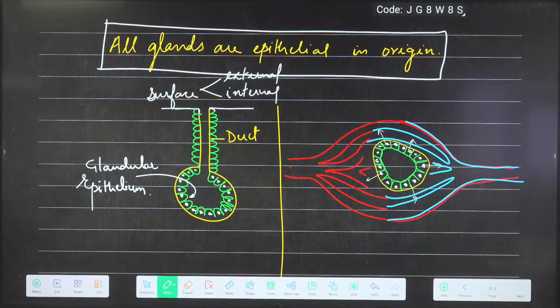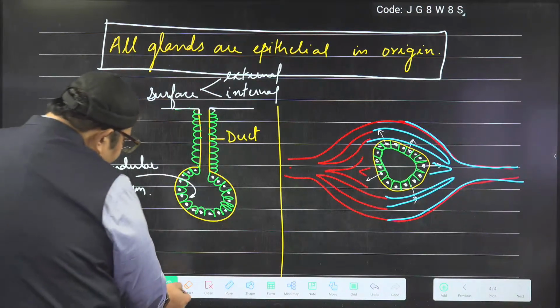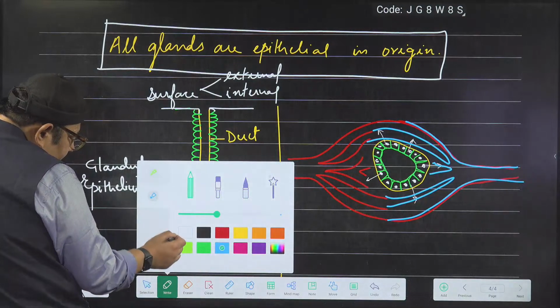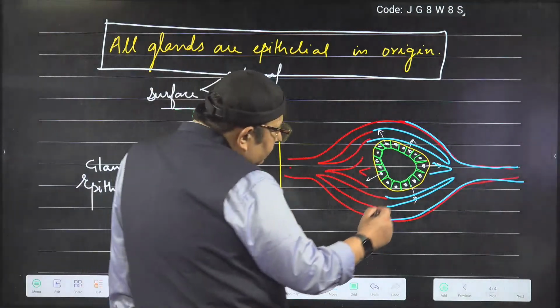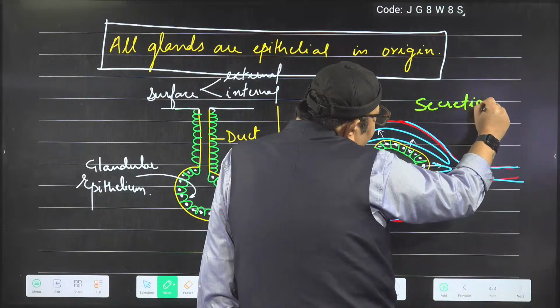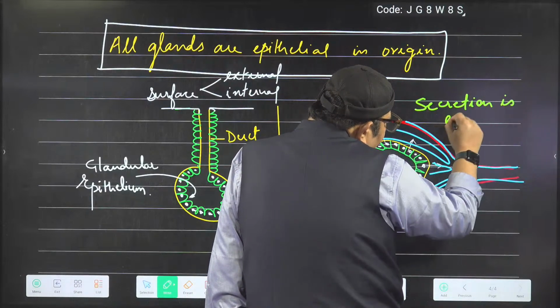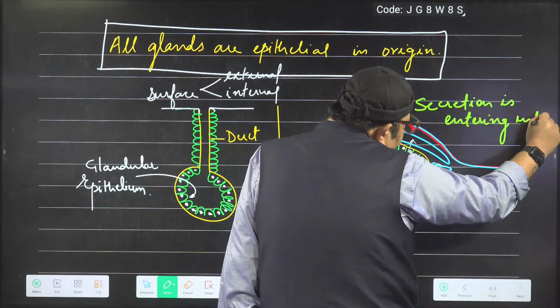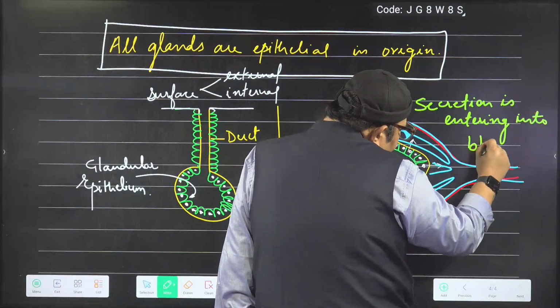So now what is happening here? The secretion is entering into the blood. You can see this, the secretion is entering into the bloodstream.